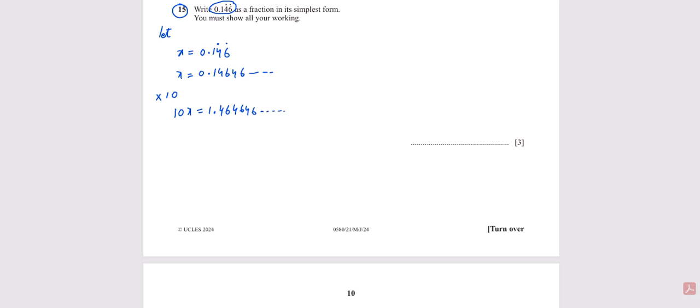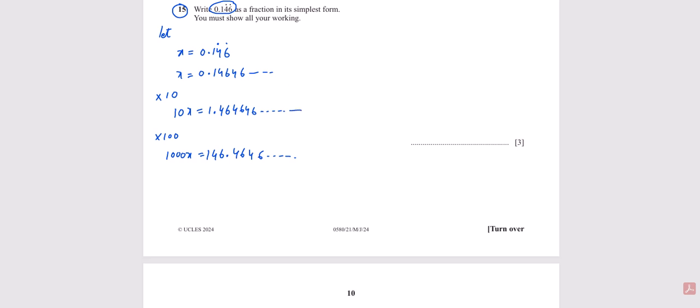So now again multiply with 100. So that is equal to 1000x is equal to, after multiplying with 100, this point is shifted on this side. So 146.4646 up to so on.